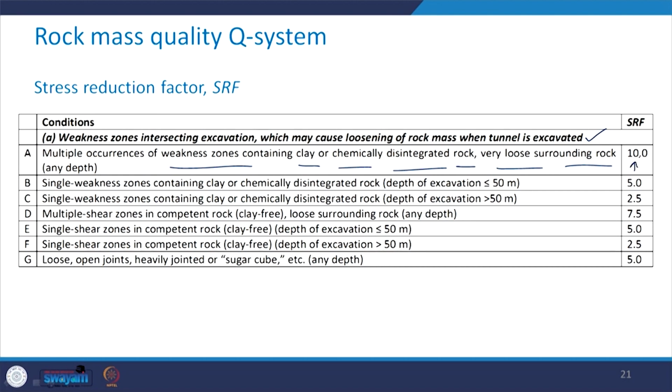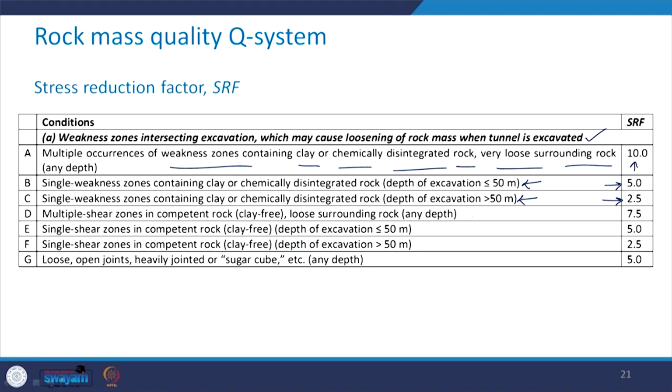If you have single weakness zones containing clay or chemically disintegrated rock with depth of excavation less than or equal to 50 meter, a rating of 5 is assigned, and if the depth of excavation is more than 50 meter, a rating of 2.5 is assigned.